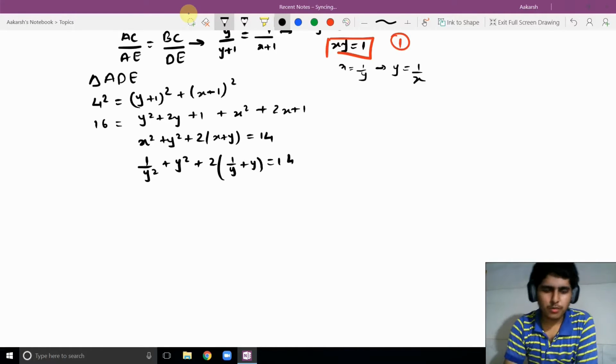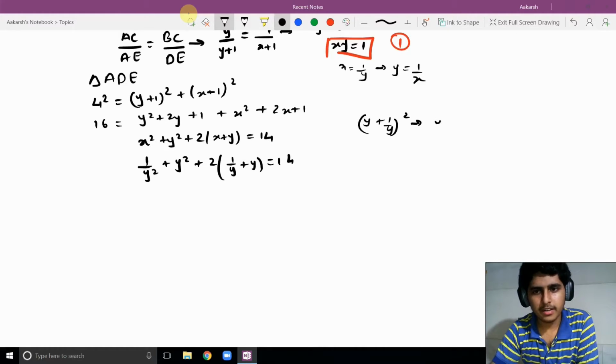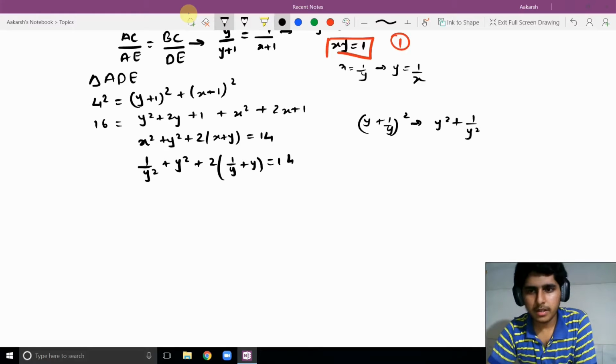If you stop for a moment, one thing I want you to note is that I have y and 1 by y. Just to give you a hint, what do I get if I square these? If I have y plus 1 by y and I square it, I get a square plus b square plus 2 times a times b.